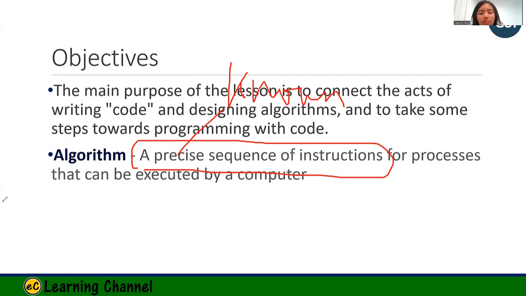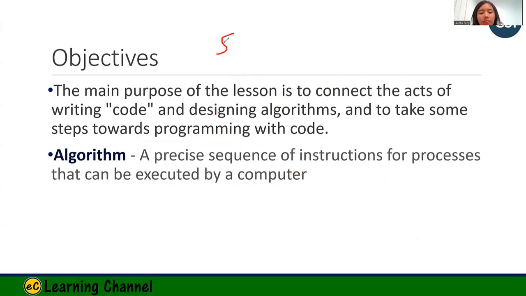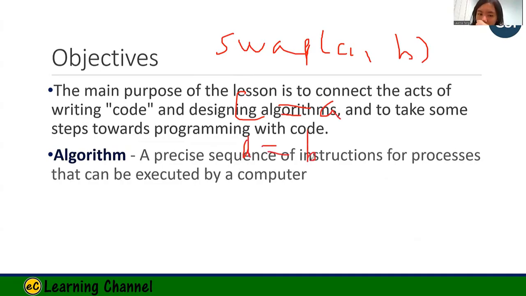Yeah. So let's assume that you also do swap A and B. So you do C equals A, D equals B, and then A equals D, B equals C. This is called buffer swap.